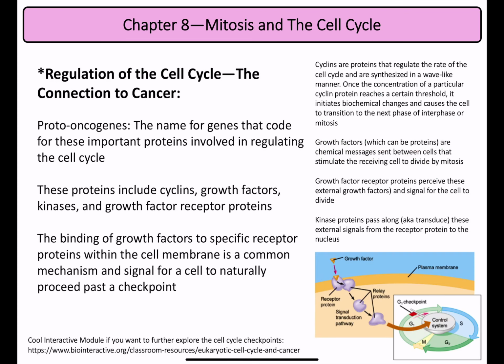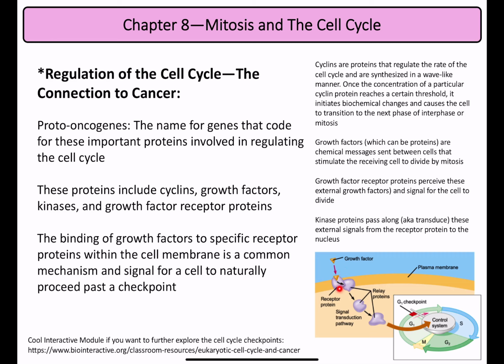Now, if you look at this picture, this is one common way that our cells are naturally and normally told to divide when they're supposed to, and that is from a growth factor coming from outside of the cell, maybe from another cell, telling this cell to move on in the cell cycle and undergo mitosis. The way that works is this growth factor, which is a molecule, binds to the cell membrane of that cell, and it's going to dock onto a receptor protein in the cell membrane.